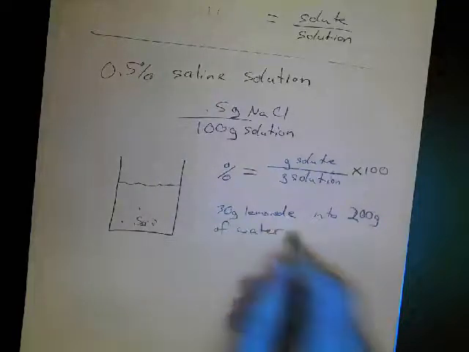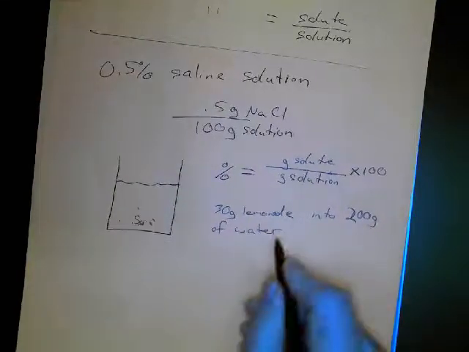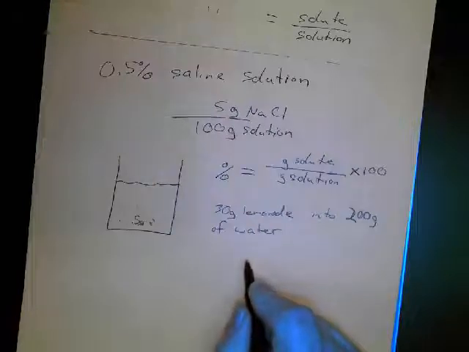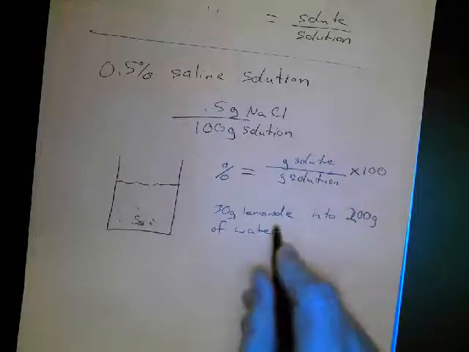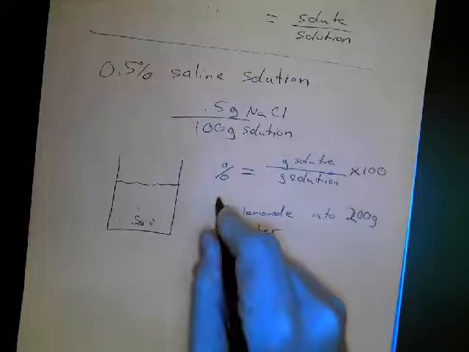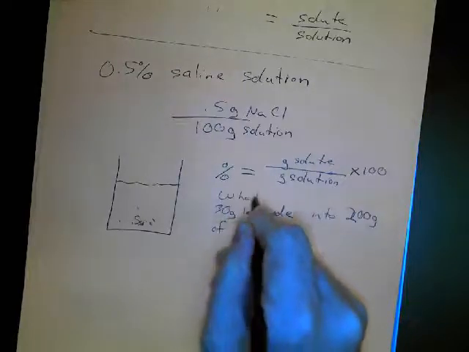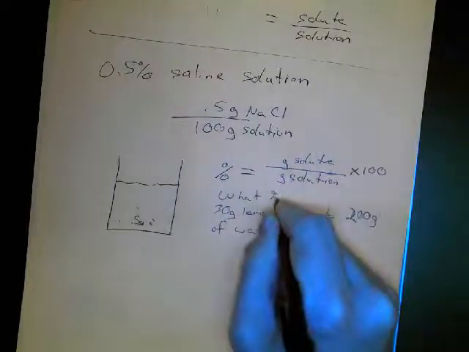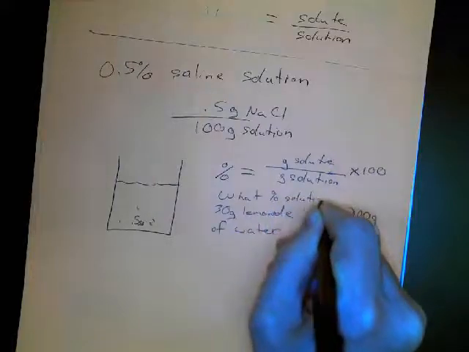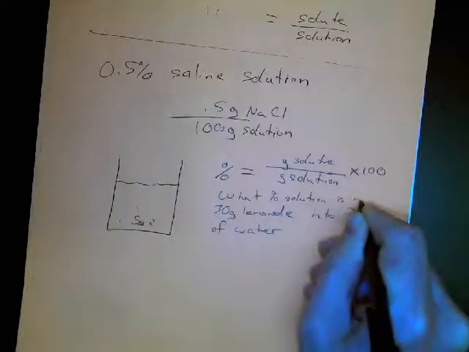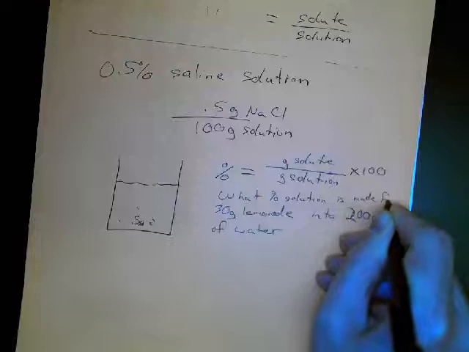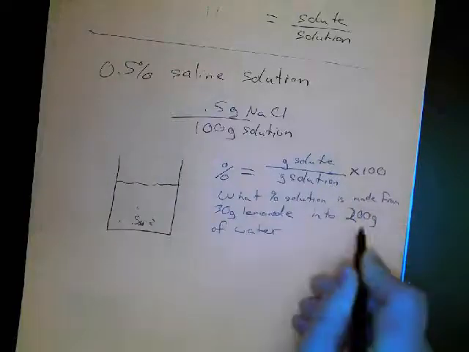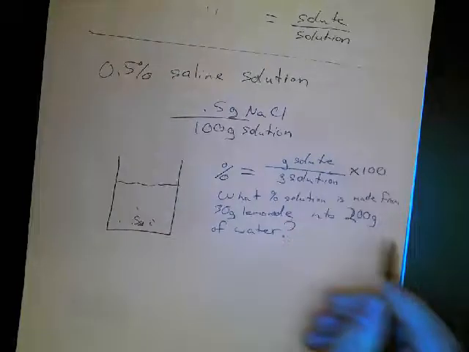And we might ask, what percent lemonade have you made? What percent solution is made from 30 grams of lemonade into 200 grams of water? There, we made it an actual question.